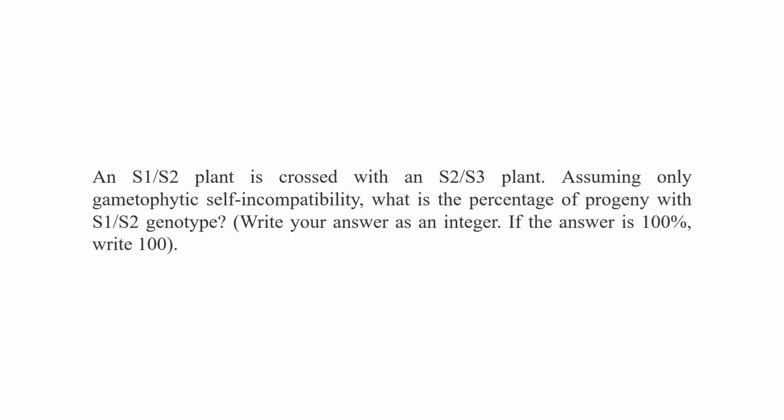Okay. Now let us solve this question. See how you have to do this question. So parent 1 has the genotype of S1, S2. Parent 2 has the genotype of S2, S3. So gametes, if there is no incompatibility, what will be the possible pollen? S1, S2, S2, S3.